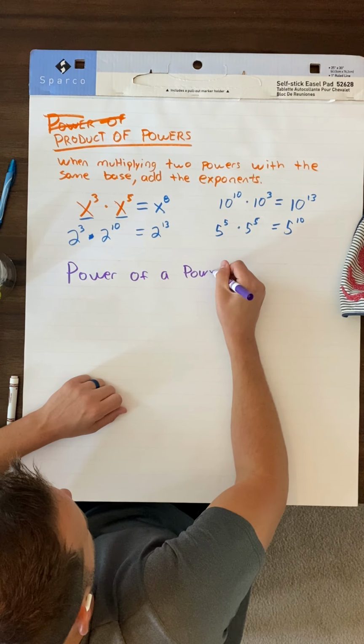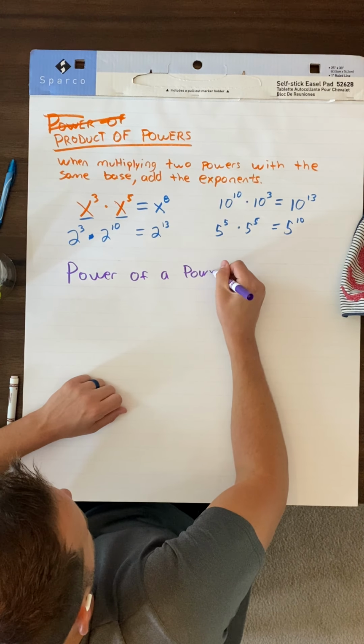Power to a power just means we have two exponents next to each other in a row. So if we had like 5 squared to the 4th power, notice we have a power to a power, two exponents in a row. We multiply those exponents, so this is going to be 5 to the 8th power.